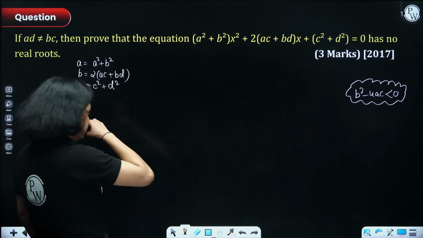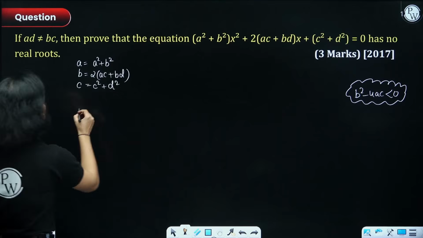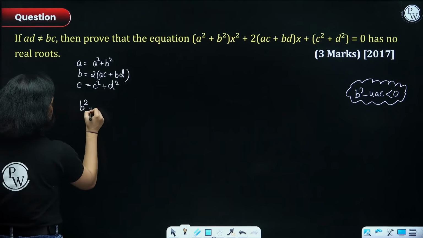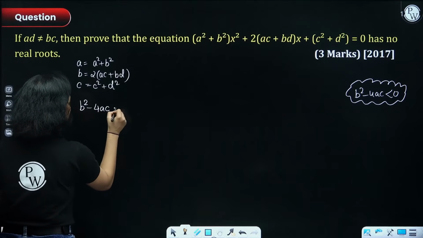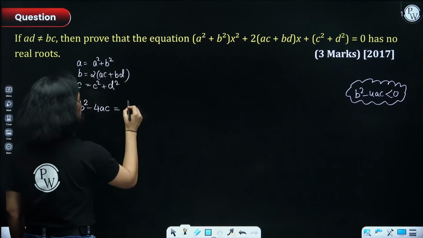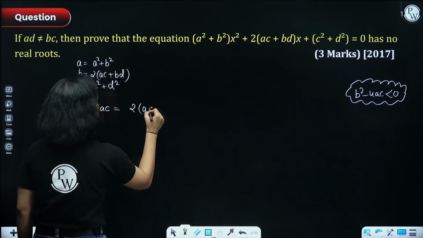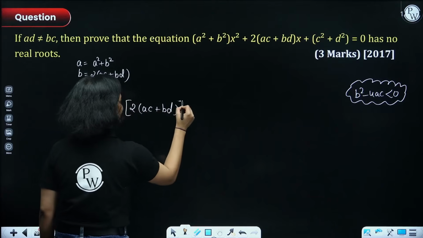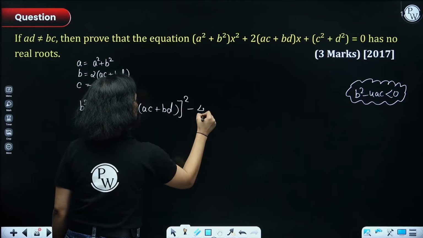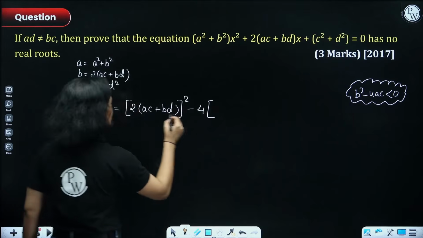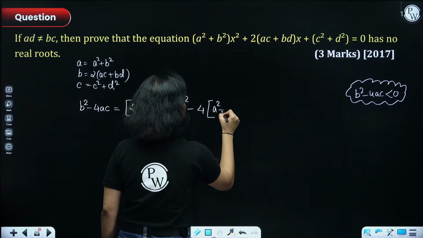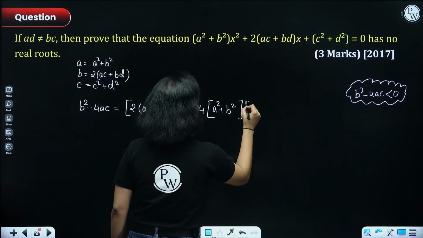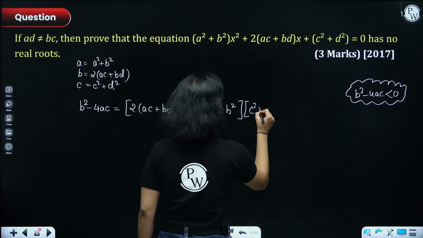Now, let's start, everyone. So first of all, we'll figure out b square minus 4ac. So b square minus 4ac is equal to twice of AC plus BD whole square, minus 4 times AC. So a is a square plus b square, and c is c square plus d square.